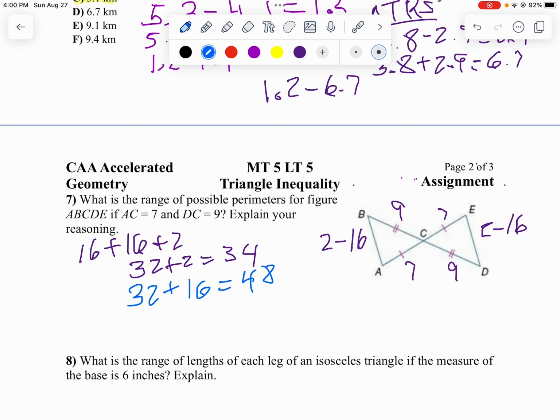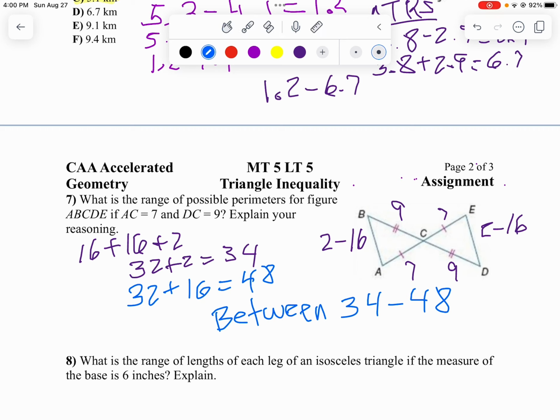Now, it can't be 48, but it can be between those two values. So it's going to be between 34 and 48. So 34.1, 34.05, 47.9, and so on. Any numbers between them.